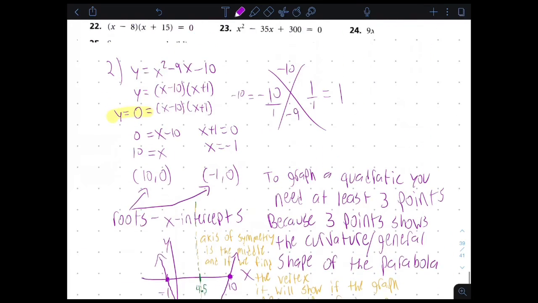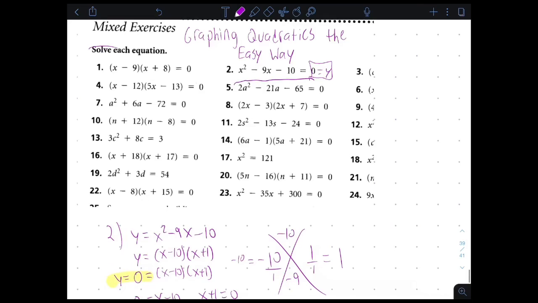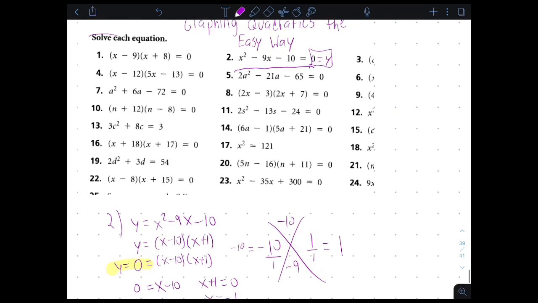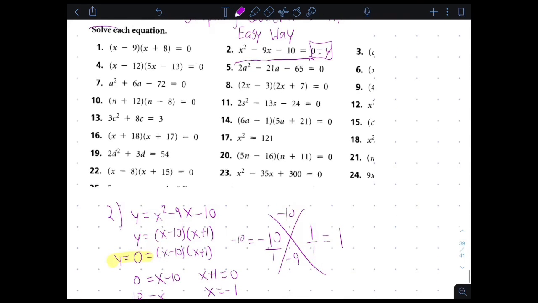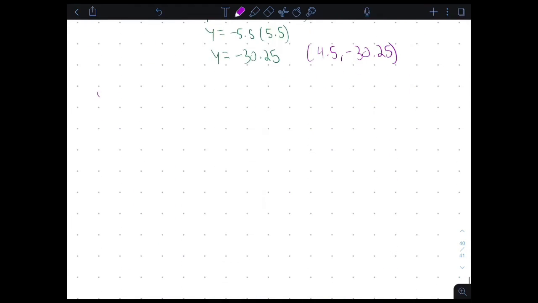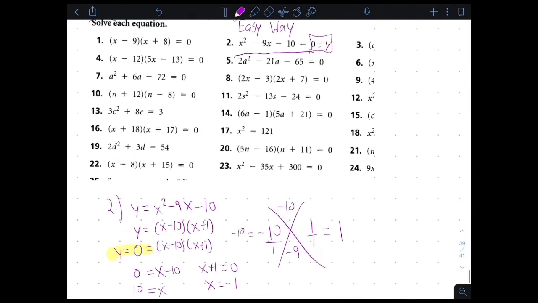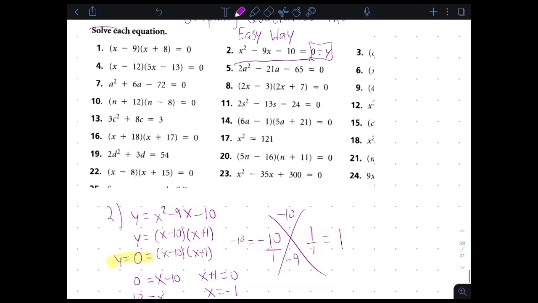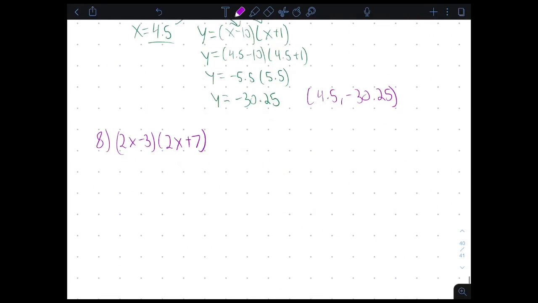Let's do another example. How about number 8? 2x minus 3, 2x plus 7. Make sure that's right. 2x minus 3, 2x plus 7, and this is equal to y.